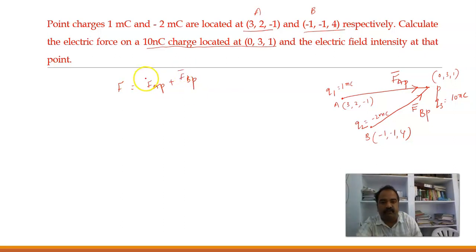Both are vectors. So first let us determine the force due to the charge at A on the charge at P. We know that the basic formula for force between two charges is Q1 Q2 by 4 pi epsilon naught r square into ur, right? This is the force equation.